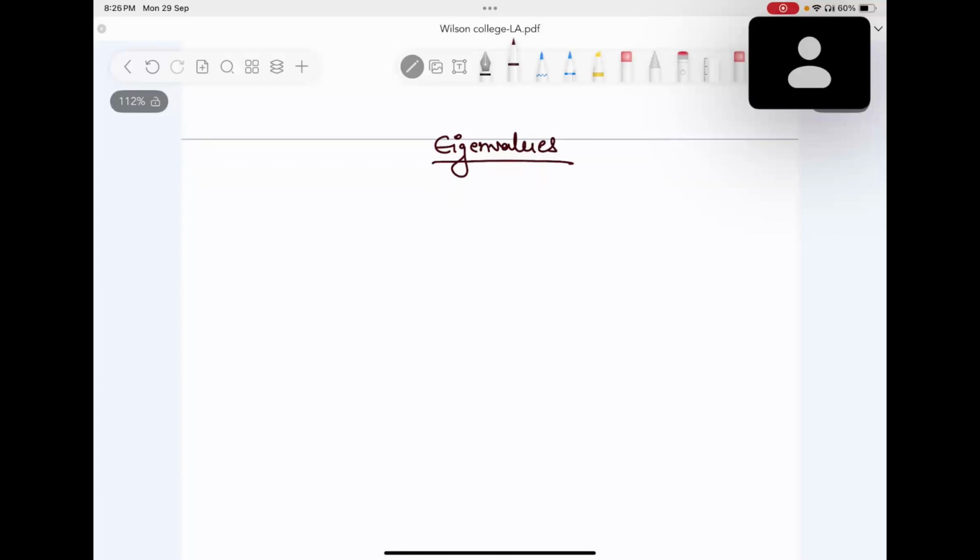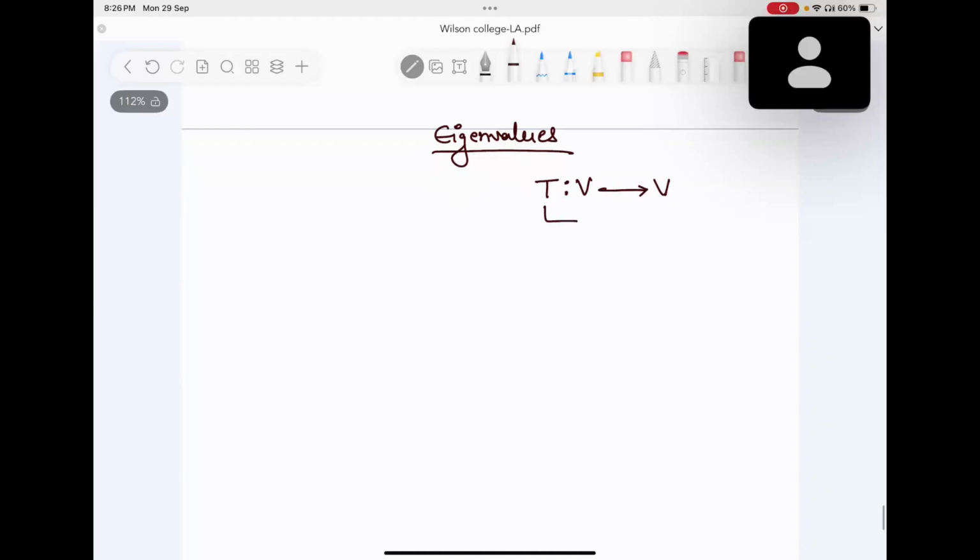Now suppose you have a linear operator. Whenever you say a linear operator, that means a linear transformation whose domain and codomain spaces are the same. So this is called a linear operator.